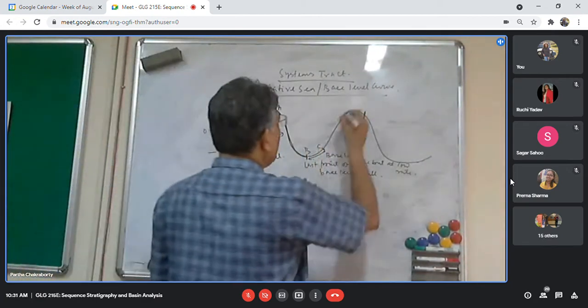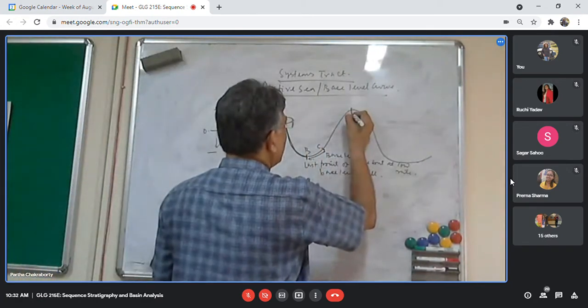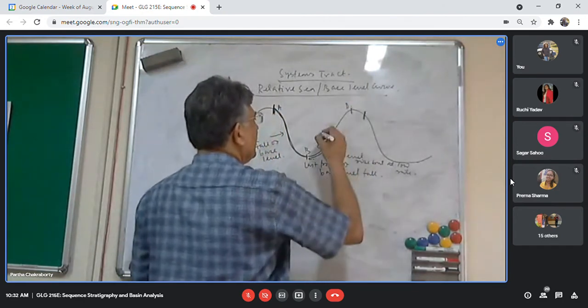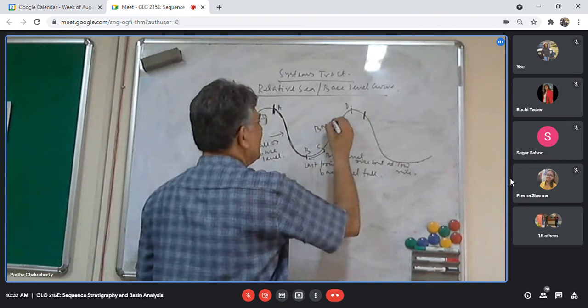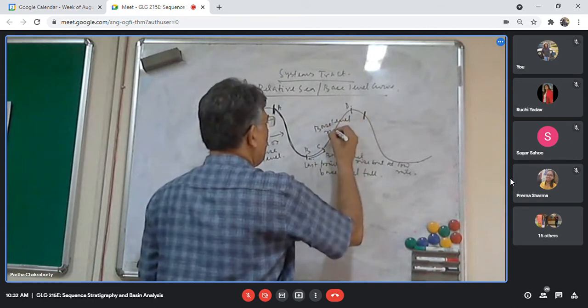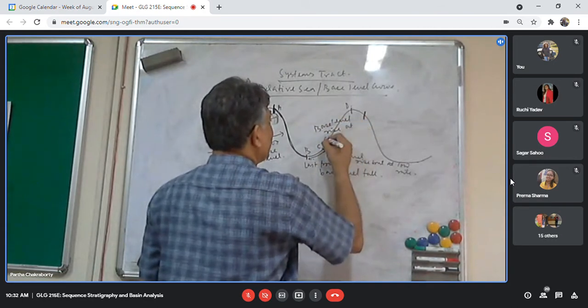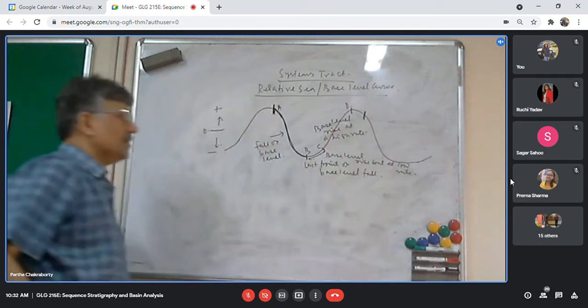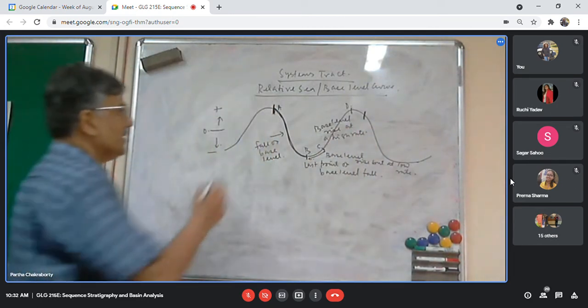Then from C to D, this is base level rise at a high rate.